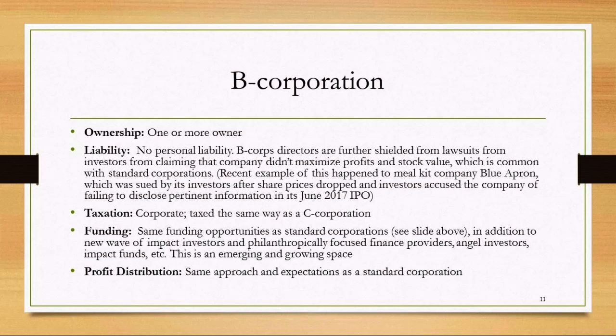directors on the board of directors, as well as shareholders, acknowledge and make it part of the business structure that the primary duty of that corporation is the mission of the organization, whether it's environmental, social, or anything else, and the fiduciary duty to maximize shareholder value and profit is a second consideration.